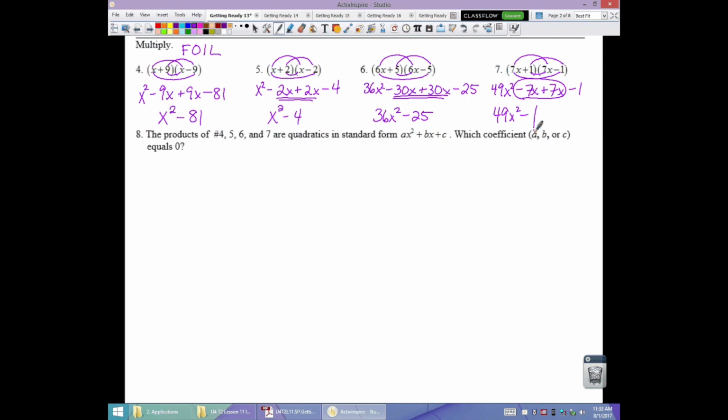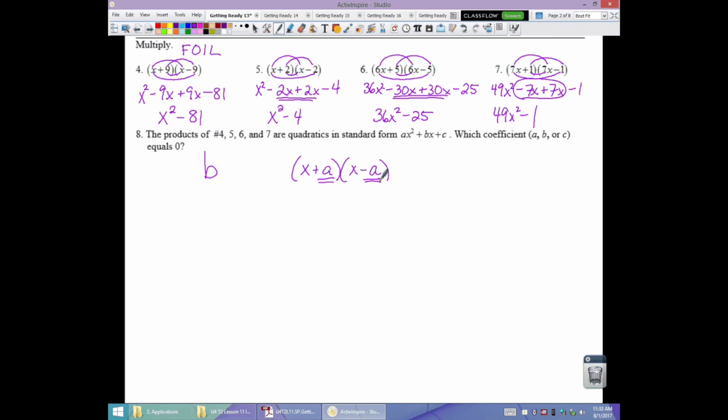All right? So number 8 basically just asks which one of the coefficients, a, b, or c, equals 0, and it's, of course, the b coefficient. But the reason that happened was we had binomials of the form x plus a times x minus a, where the constants at the end were just opposites of each other.